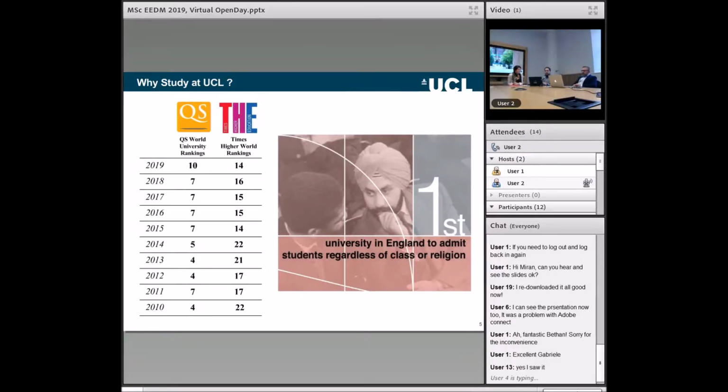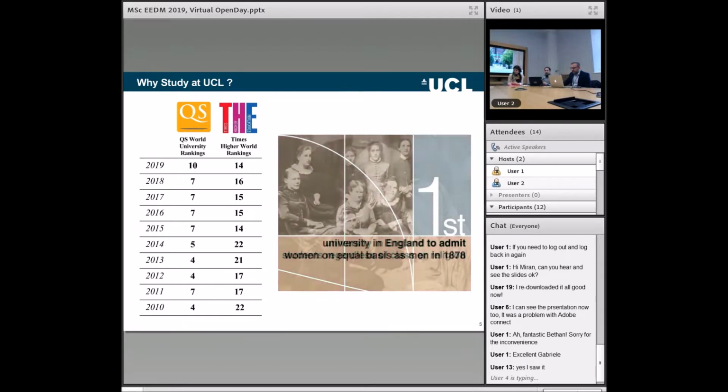If you check the QS World Ranking or the Times Higher Education World Rankings, you can see UCL in the top 20 always. We are proud to be the first university which admitted students regardless of their class or religion. UCL was the first university in England which admitted women on an equal basis as men in 1878.